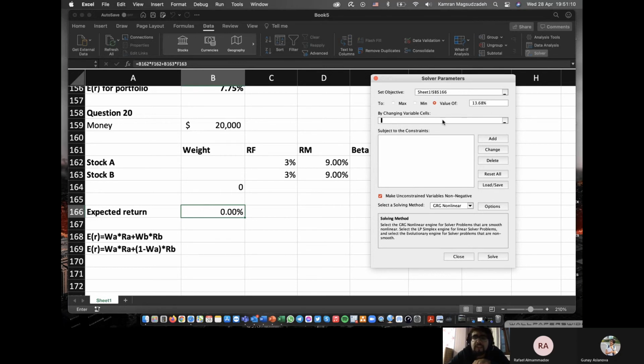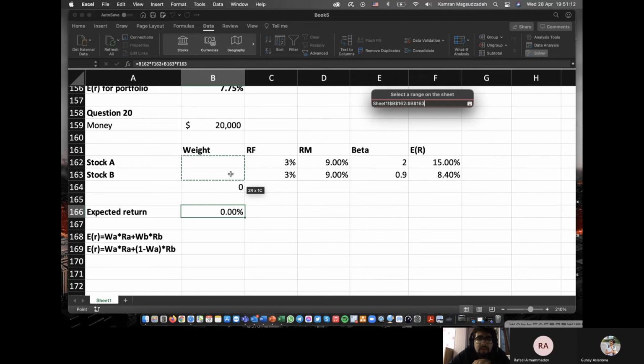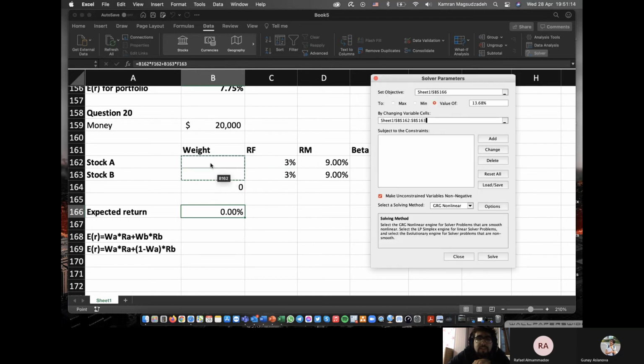How? By changing variable cells. Our changing variable cells are our weights. So Excel solver will allocate weights in order to get 13.86% expected return.